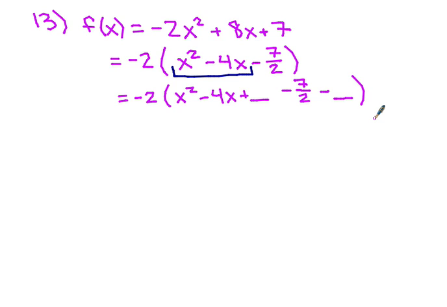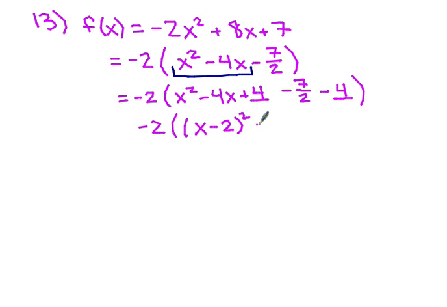All inside that parenthesis still, okay, because we factored that -2 out. We know this is going to turn into something that has a perfect square, so it's x with something squared. In this case, half of our b value is -2. -2 times -2 is +4, so we're going to plus 4. And if I add 4 there, I have to subtract 4 here.